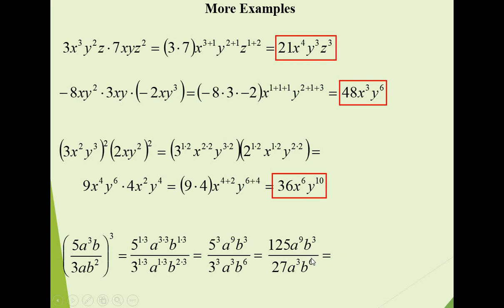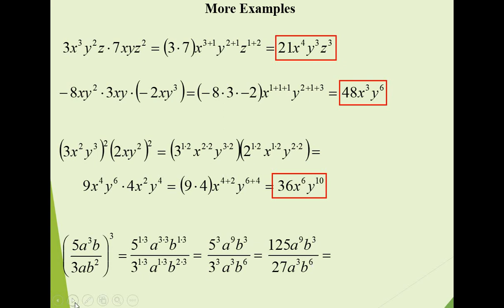Now remember, here, what we can do is to just basically separate this a little bit. So what we can do is to write 125 divided by 27. Then it's going to be a to the 9 minus this 3. And because I don't want to work with a negative here, then I'm going to put 1 divided by b to the 6 minus 3.